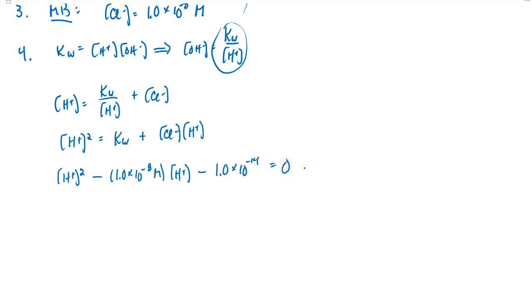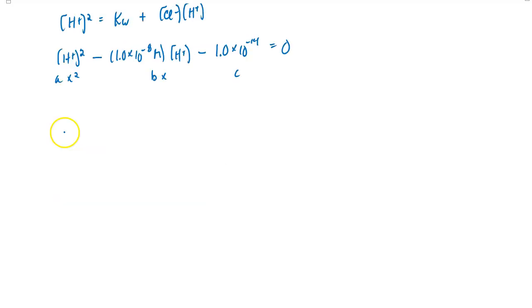And now I've got this quadratic equation in a form that I like. Ax squared plus bx plus c equals 0. And now I'm ready to use the quadratic. If I remember the quadratic formula, x equals negative b plus or minus the square root of b squared minus 4ac, all divided by 2a.